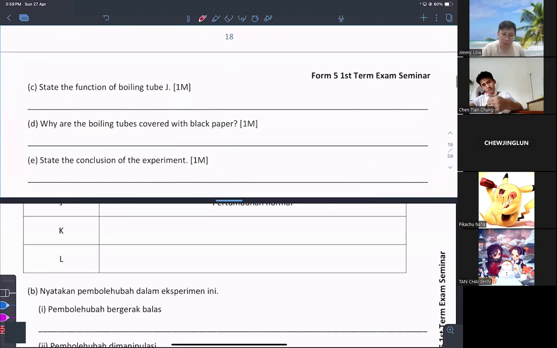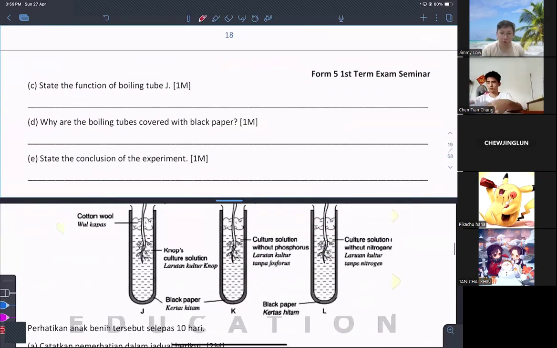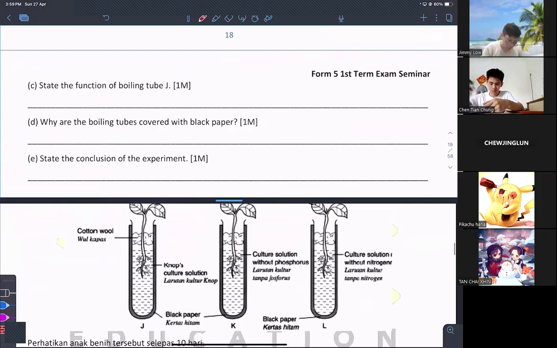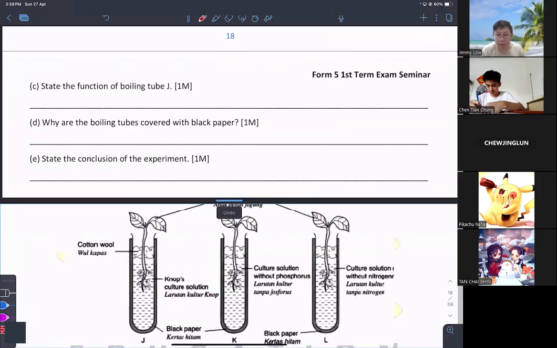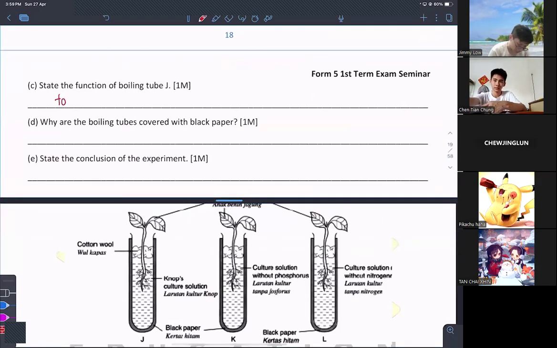Okay, when the question says okay, state the function of boiling tube J. Okay, this one the question asks you why we need to have something normal. Okay, the reason is very simple. To see difference, right or not? To observe difference with other samples.